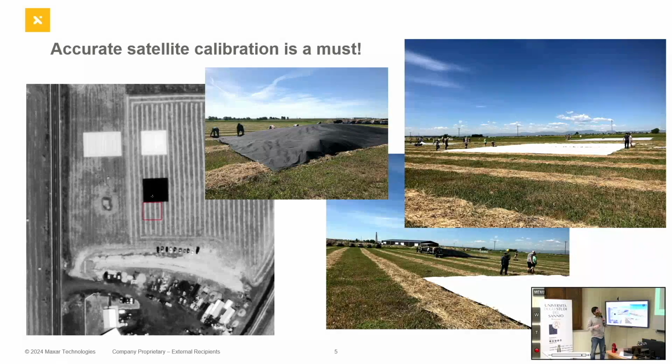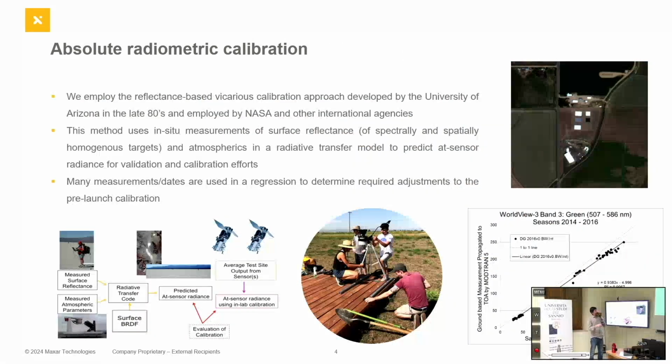And because WorldView 3 also has SWIR, the shortwave infrared bands, we also have one tarp that is targeted for SWIR applications. But in general, we deploy those two tarps, and you want something very high in reflectance and something low in reflectance.